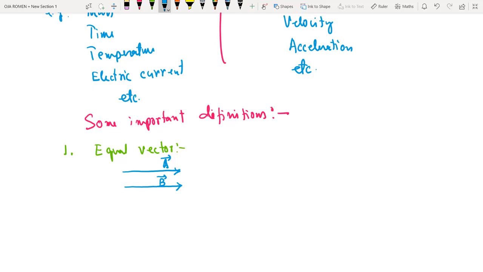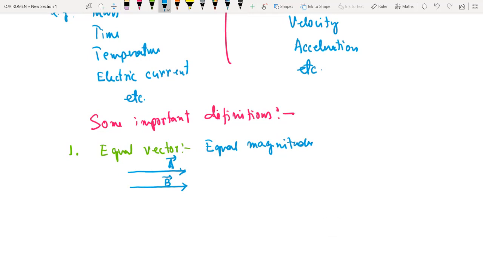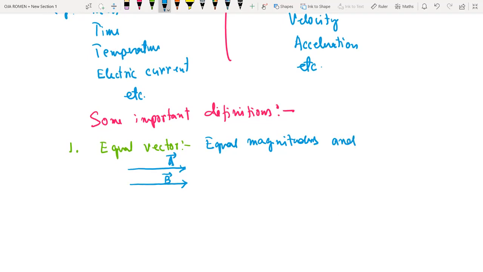So A and B are said to be equal if they have equal magnitude and they are in the same direction.